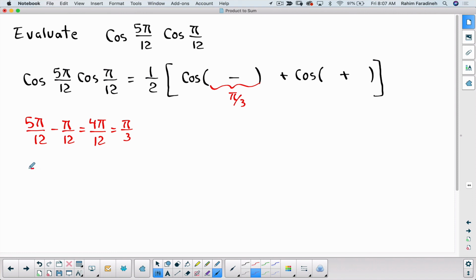And also we need to add them together. 5 pi over 12 plus pi over 12 would be 6 pi over 12, which is pi over 2.